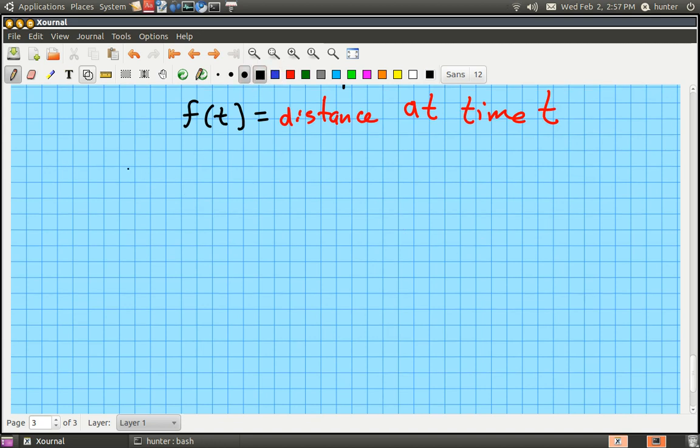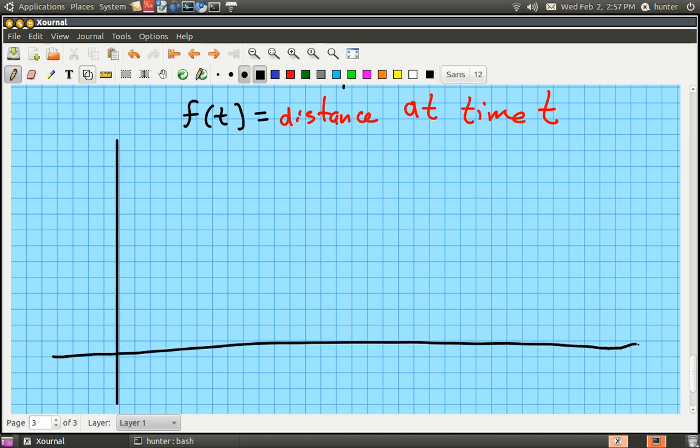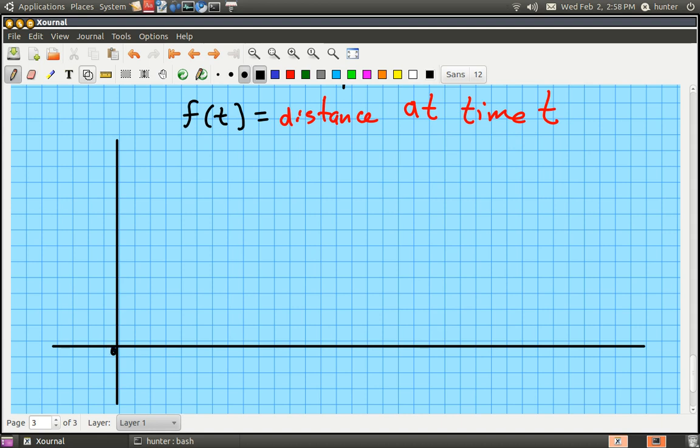There are lots of plausible answers for what the graph of f might look like. We just have to make one up. So what's going on here? The x-axis here is time, and we said the y-axis was going to be distance.